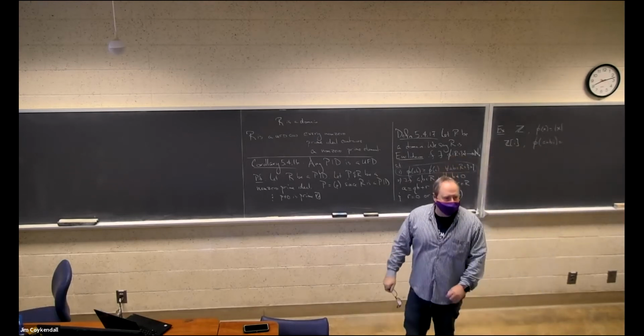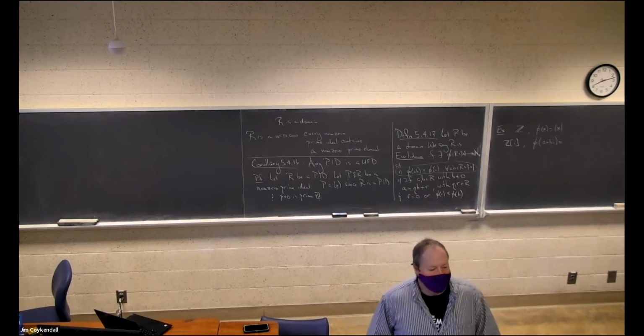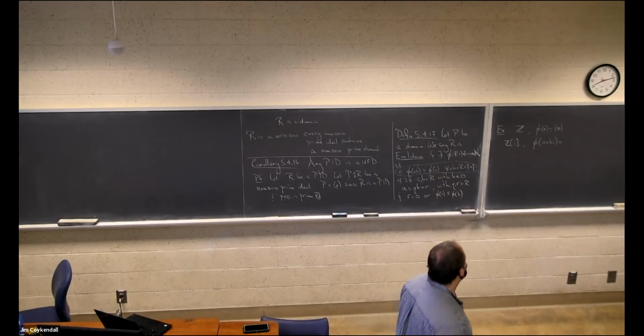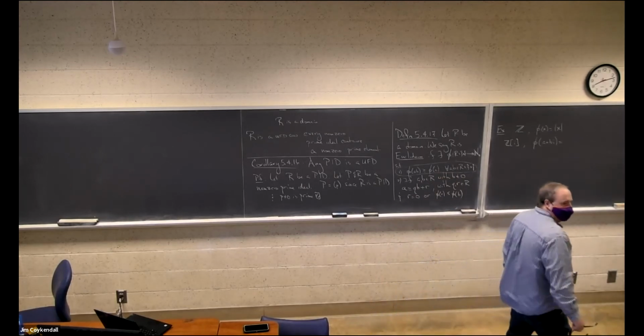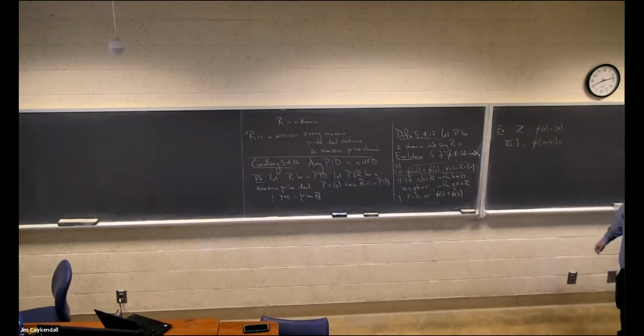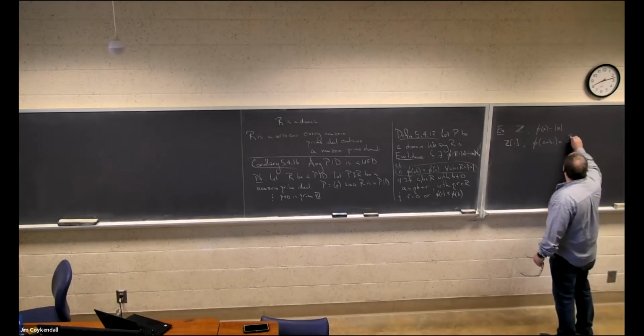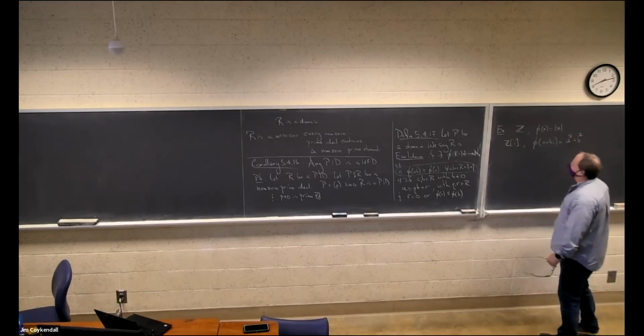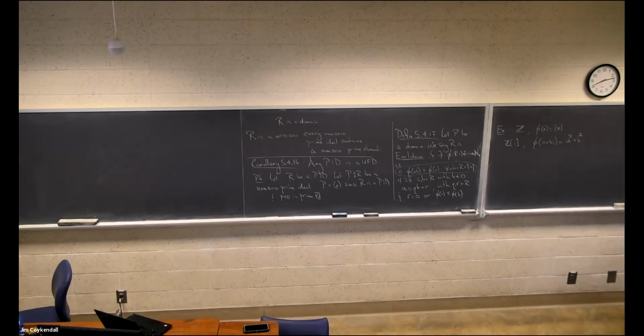The Gaussian integers are also Euclidean. Anybody know what the Euclidean function is? Yeah, it's the norm function. You can use the norm function.